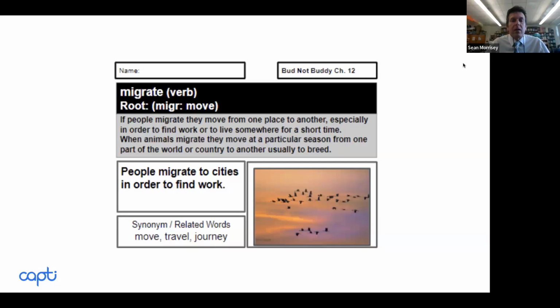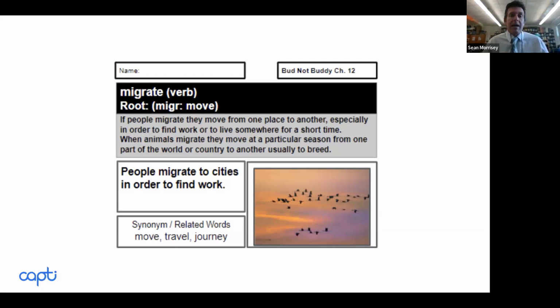And which we'll get into in a little bit, I love talking about the roots or the prefixes or the suffixes in words. So as you can see right here, we start off with migrate, which is a verb. The root, M-I-G-R, means to move. Then as we move on, we're going to be talking about more words that have that root in it. Anytime we see M-I-G-R, there's a good chance it has to do with some type of movement.